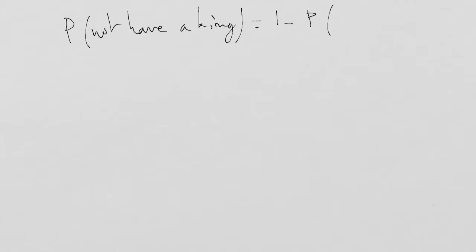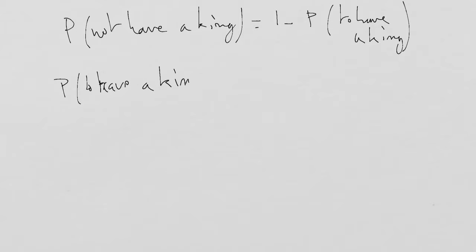So what is the probability to not have a king? Well, it's going to be 1 minus the probability to have a king. So what is the probability to have a king? Well, it's going to be 4 divided by 52. There are 4 kings in a deck of 52 cards.